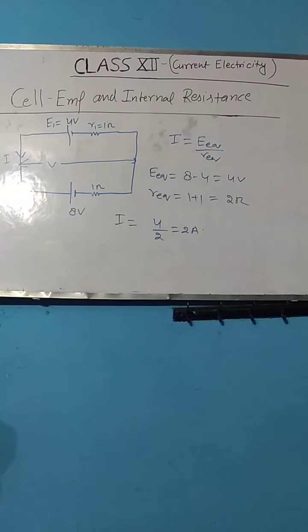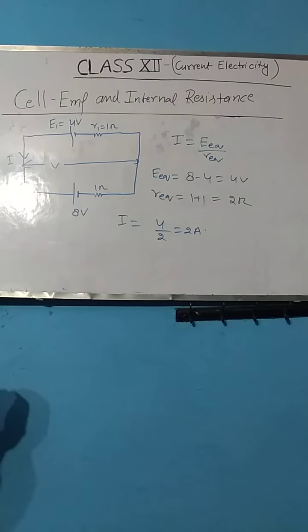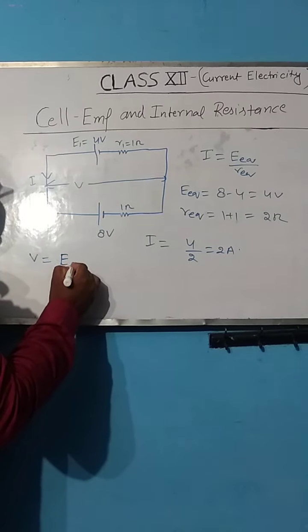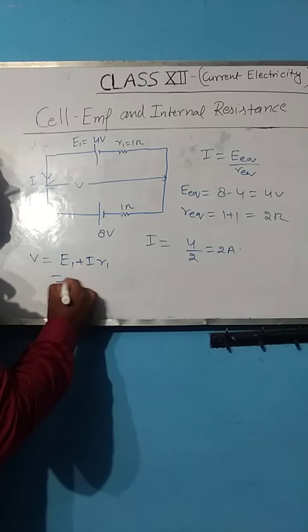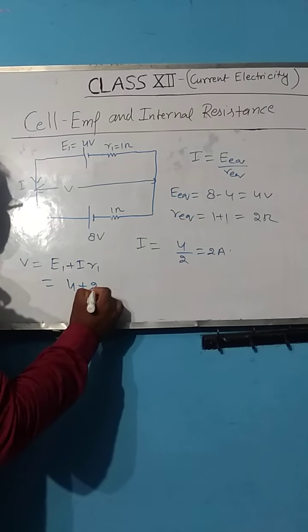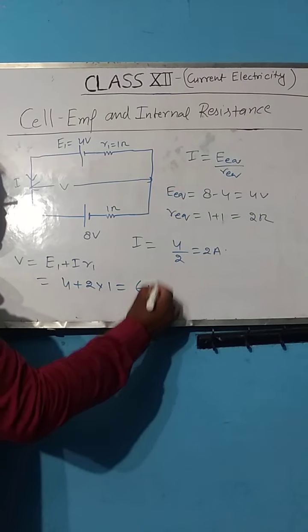When I is calculated, then V is calculated by V equal to E1 plus IR1. So V equal to 4 plus 2 into 1, equal to 6 volt.